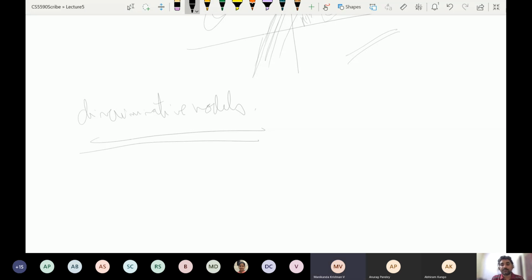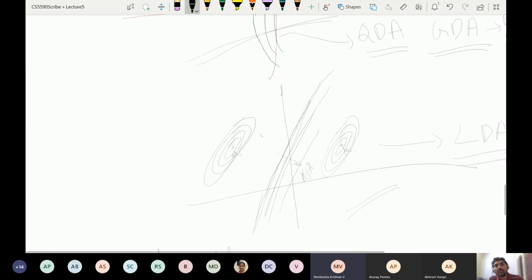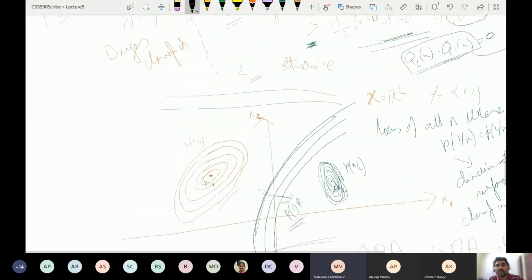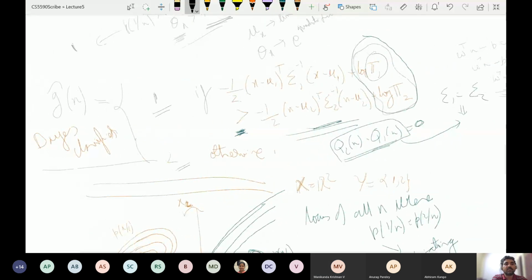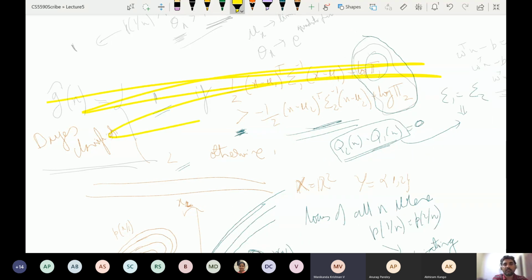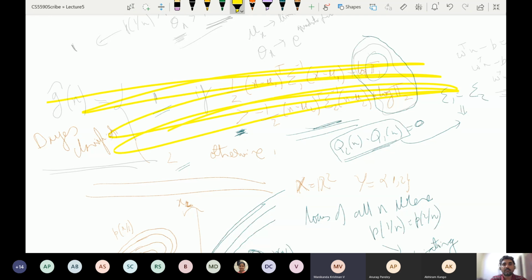Sir, I have one question. Can we just use that final quadratic function as a discriminant function? Right. So this is the final function, our approximation to the Bayes classifier. What I'm saying is, this can also be just a discriminant function, right?